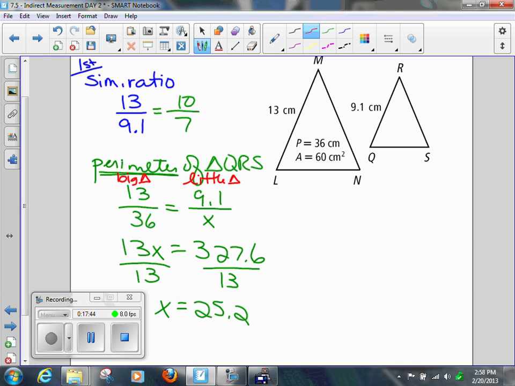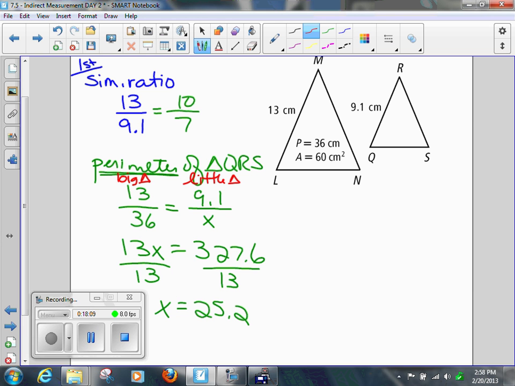Because 13 over 36 is all coming from the big triangle. Now, I'd have done it a little different, but it's fine to do it this way. So 13 has to correspond to 9.1, therefore I put 9.1 in the numerator of my second fraction. What am I trying to find? I'm trying to find the perimeter of that little triangle.